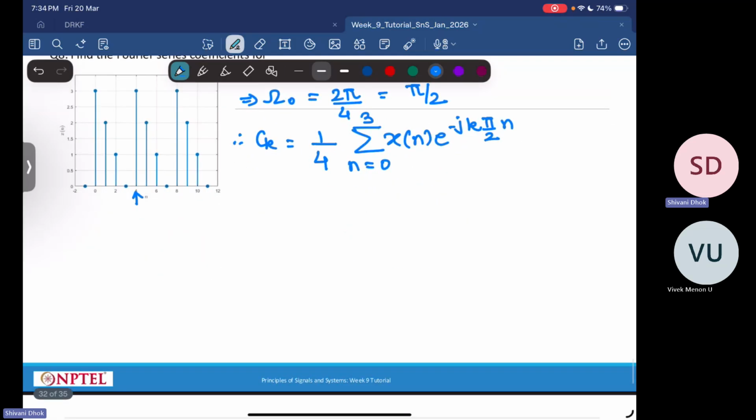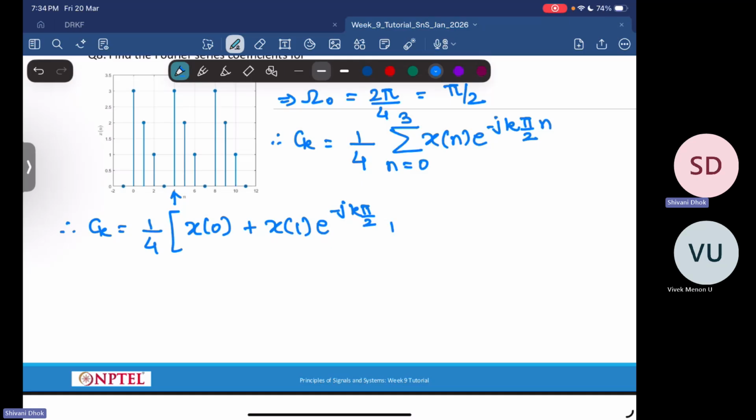I can write this c_k as 1 by 4 times x of 0 into e power 0, plus x of 1 into e power minus j k pi by 2, plus x of 2 into e power minus j k pi, plus x of 3 into e power minus j k 3 pi by 2.